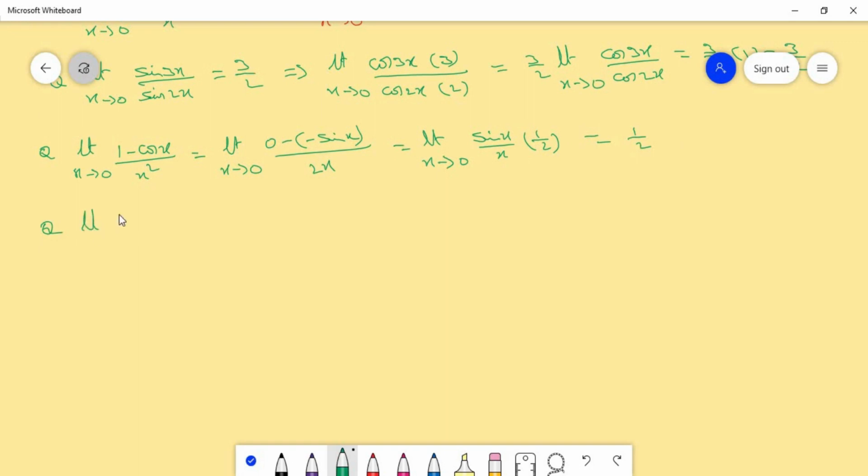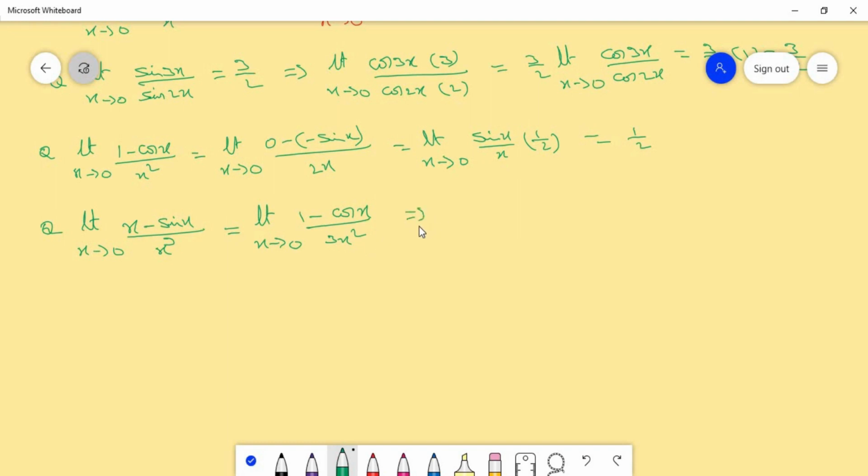One more problem. Limit x tends to 0, (x minus sin x) by x cube, which is also 0 by 0 form. Then limit x tends to 0, (1 minus cos x) by 3x square. Now apply in the place of x 0. It is 1 minus 1. Numerator is 0, denominator also 0.